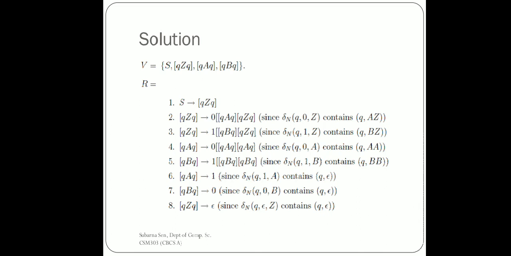Just note down one thing: instead of Z naught, we are using Z here. Do not worry, if you wish to use Z naught, you can. My start symbol's job is to stay at the same state Q and push Z into it. So our beginning is from this one.